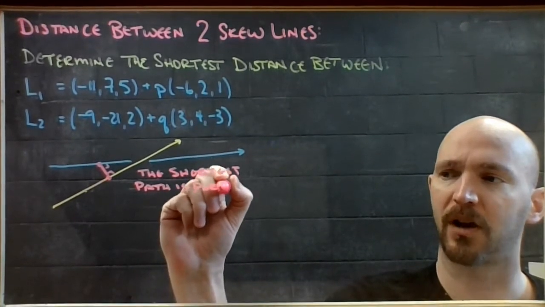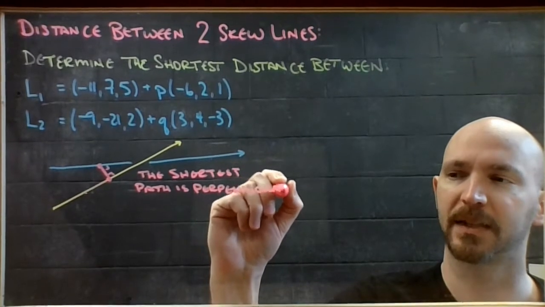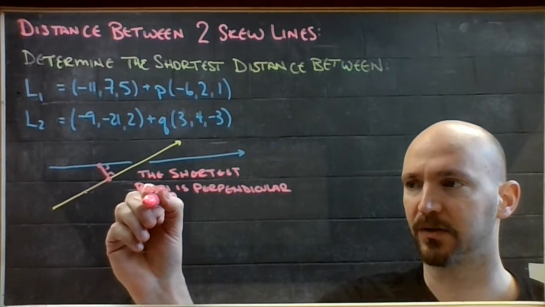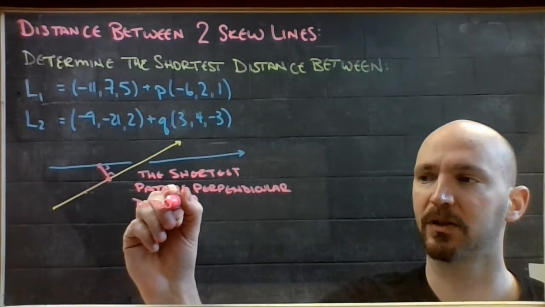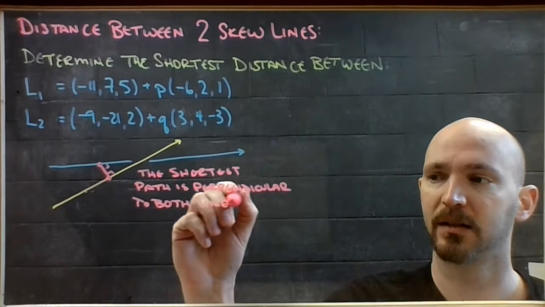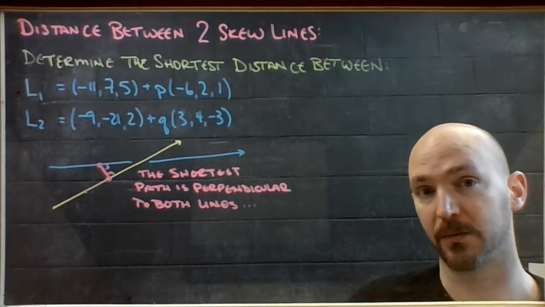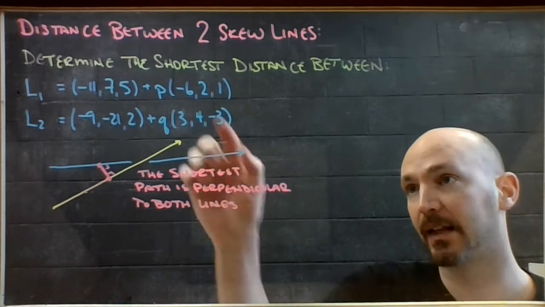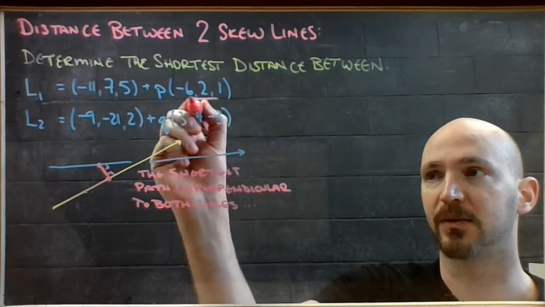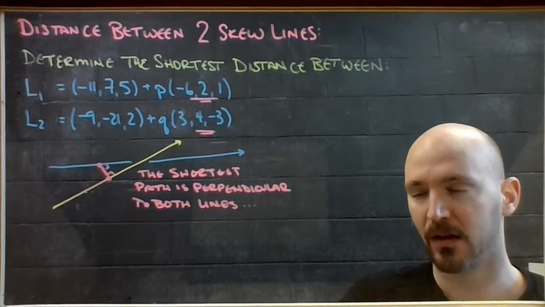We're going to use cross product in order to find that vector, or something that is at least in that direction. Shortest path is perpendicular to both lines. So we're going to have to look at these lines here and decide which piece is making them go in any particular direction. And that's this part back here. This thing with the letter attached to it is what determines the direction of the line.